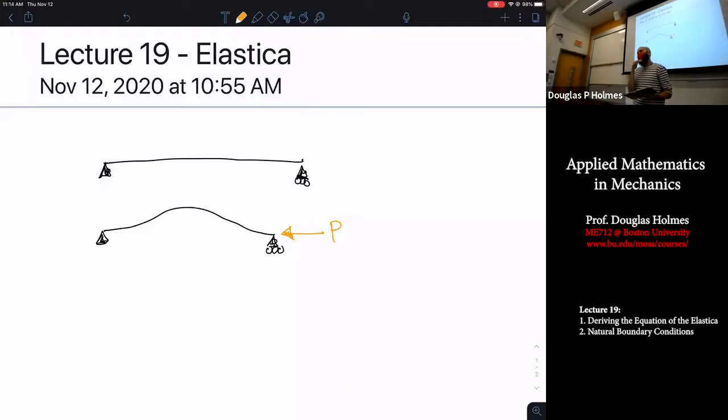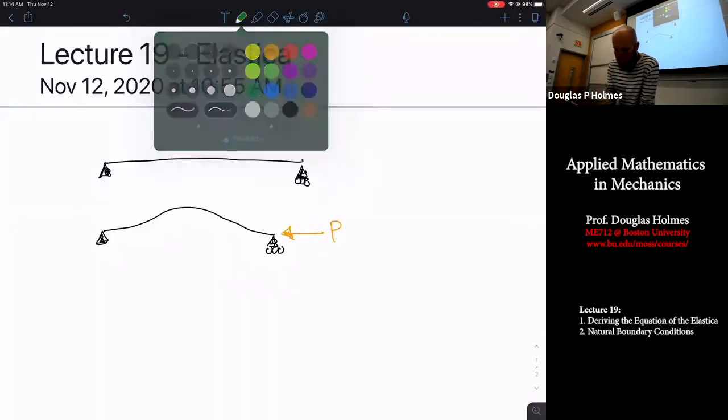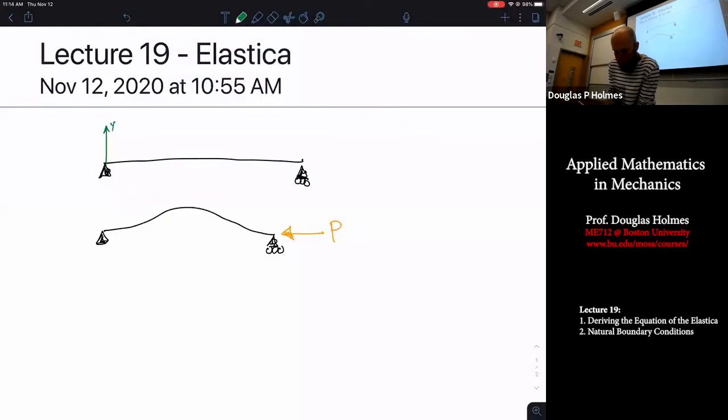Oftentimes, when you're dealing with large deformations of elastic objects, it's better to live on the coordinates of the object itself. And so in this case, what does that mean? It means that we could do everything in terms of X and Y, but as you look at the structure, what on earth does X and Y mean when you have extremely large deformations?